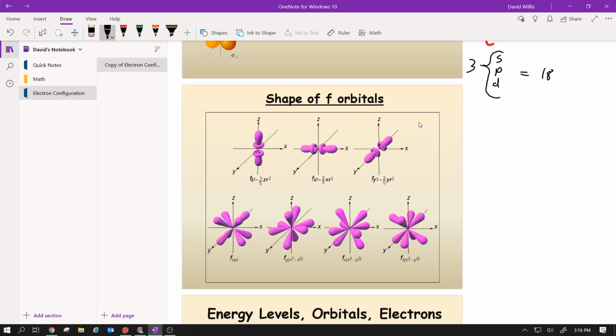Here's what we need to know. Here is the important stuff. We need to know that the f orbital has 1, 2, 3, 4, 5, 6, 7 lobes, at 2 electrons each, for a total of 2 times 7, 14.